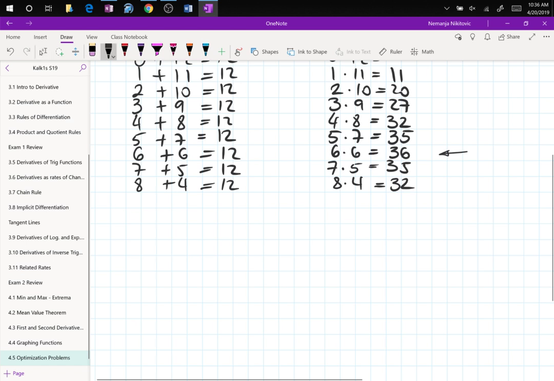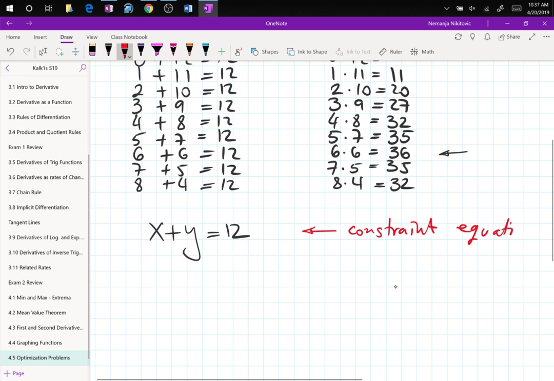So we are going to transfer that word problem into mathematical expressions, which are known as equations. So we have x plus y needs to be 12. Something like this will be called a constraint equation.